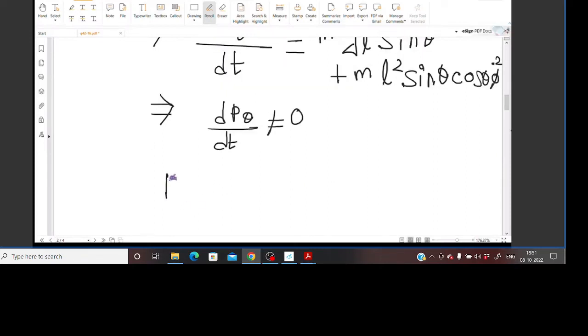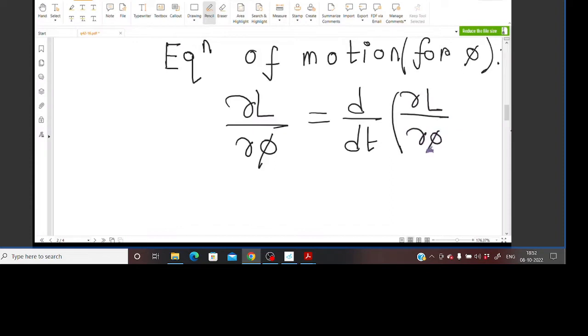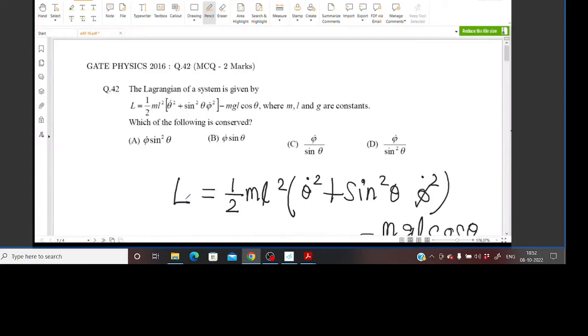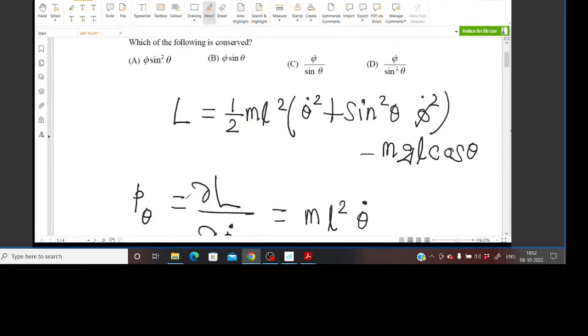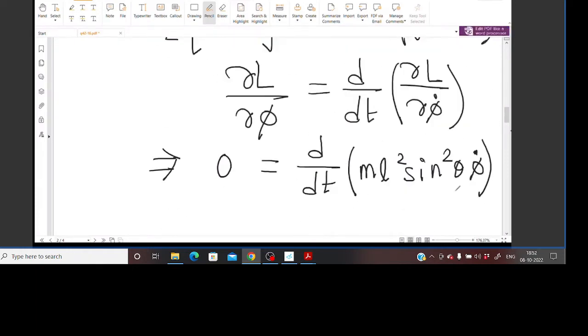Now let's find out the equation of motion for phi. This is given by del L del phi equal to d dt of del L del phi dot. Now the Lagrangian L is independent of phi, so del L del phi is 0. On the other hand, del L del phi dot is equal to ml square sin square theta into phi dot.